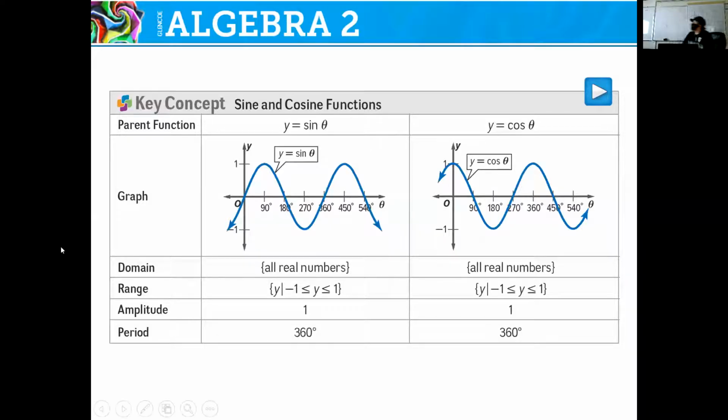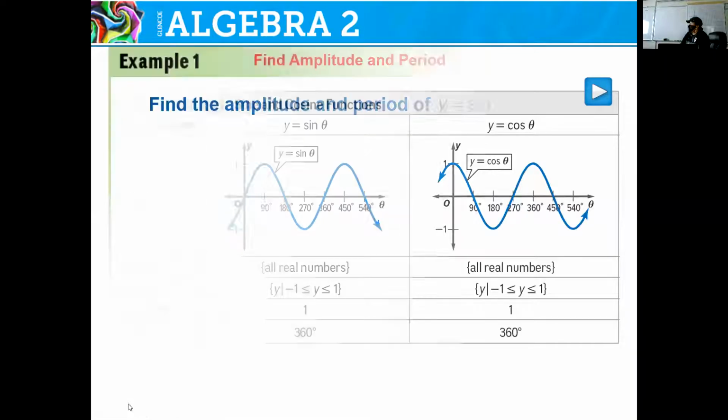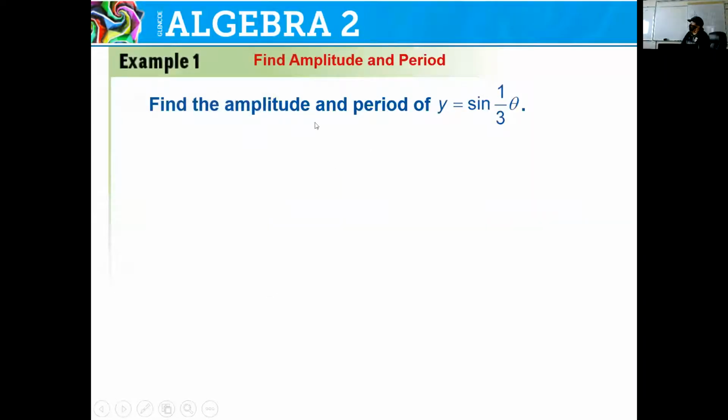And you can see that it's continuous all the way through. There are no asymptotes or anything like that, like there will be with secant, cosecant, tangent and cotangent. It's pretty simple. So find the amplitude and the period of y equals 1/3 sine of theta.